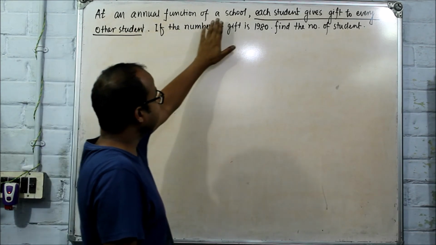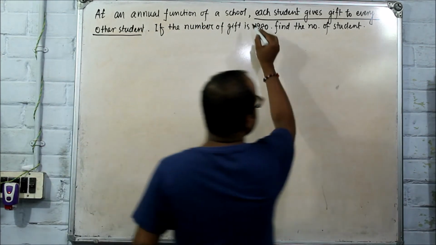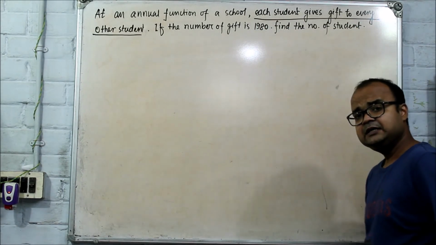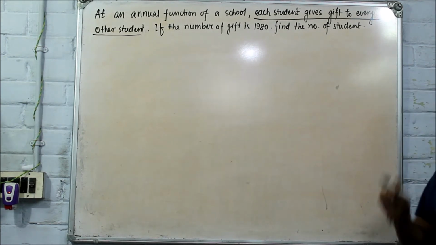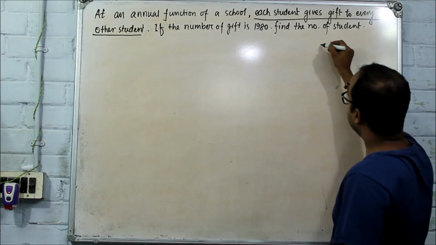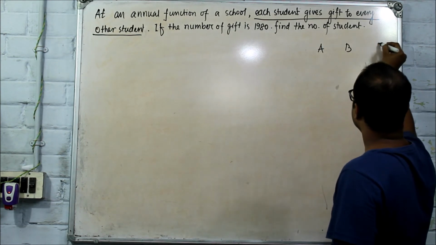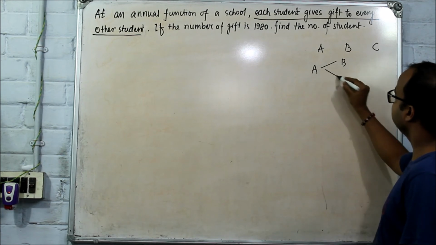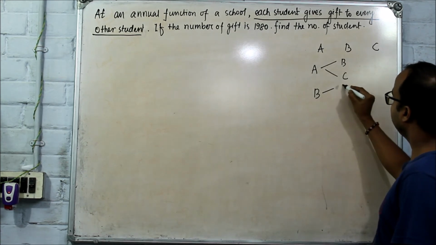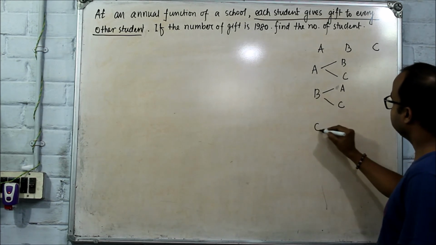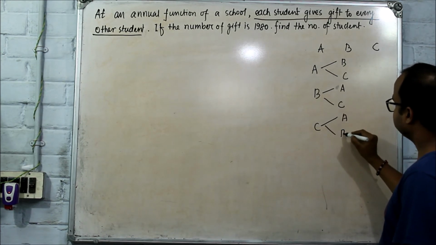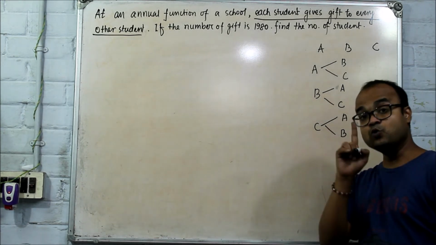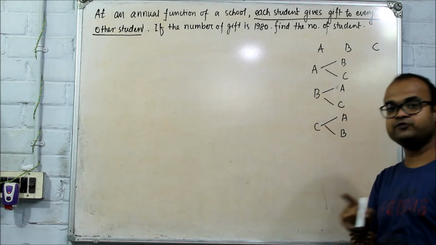At an annual function of a school, each student gives a gift to every other student. Let us give you an example. Suppose there are 3 students, A, B and C. A will gift to B and C, B will gift to A and C, and C will gift to A and B. That means each student needs to bring one less gift than the number of students.